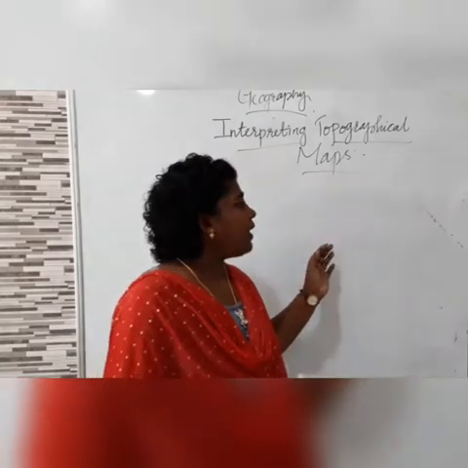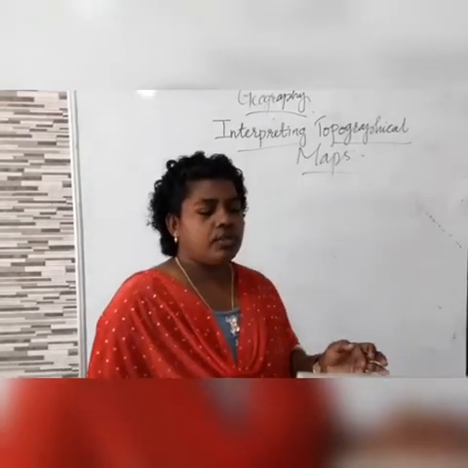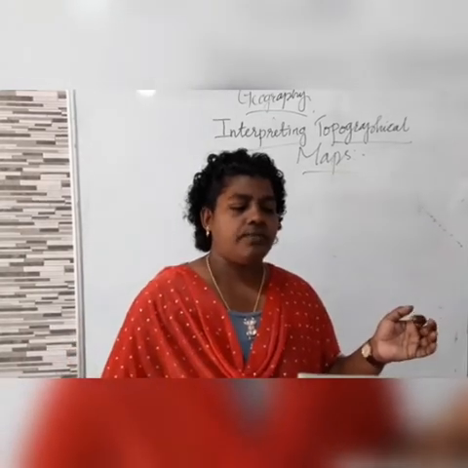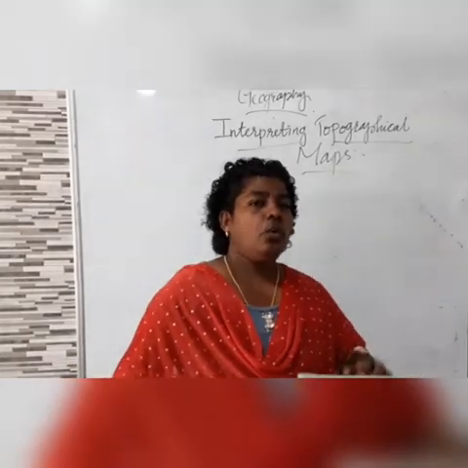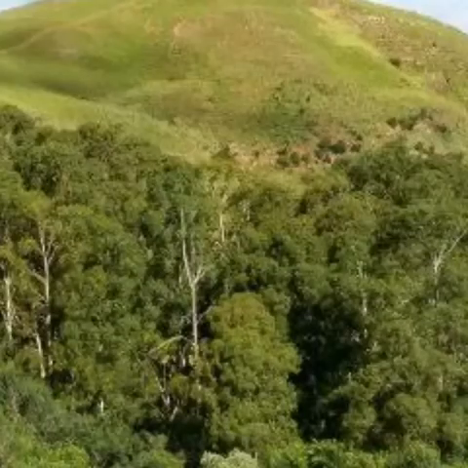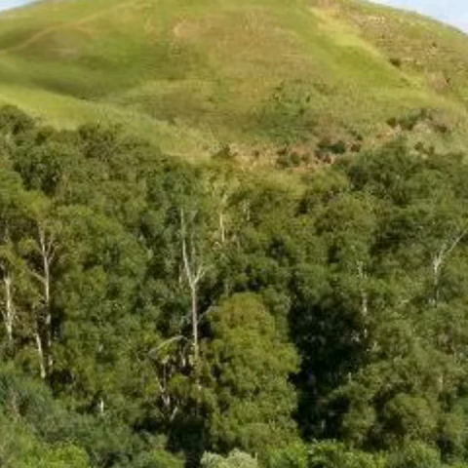Next point, settlements also thrive on a plateau because of the flat surface of the plateau. We know what a plateau is. Listen, what is a plateau? Plateaus are raised regions, comparatively raised compared with the other parts that are surrounding.